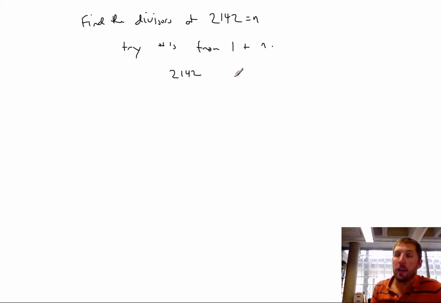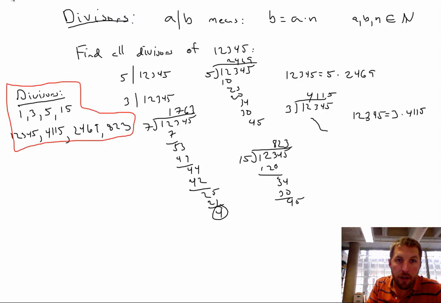Easy enough. All right, but there's a slightly more efficient way to do it that you and I would probably use when we were trying to figure it out. The fact of the matter is we don't need to actually try all these numbers, because anytime we find one that's on the lower end of the scale, it's going to have a partner on the higher end of the scale. If we go back and look at our numbers here, that's how we did it.